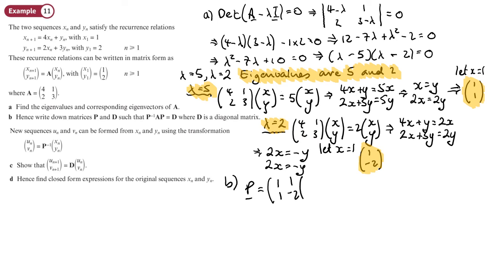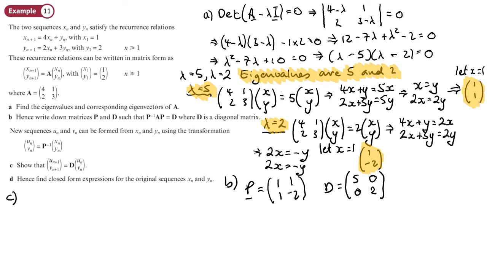Now for D, remember the elements of D along that leading diagonal are just going to be the associated eigenvalues. They need to be in the same order. So since this is the eigenvector for 5, then this needs to be 5. And since this second column is the eigenvector for 2, a 2 needs to be here. So that's a nice easy part of the question, because we're just basically copying down the things we'd worked out from part A.